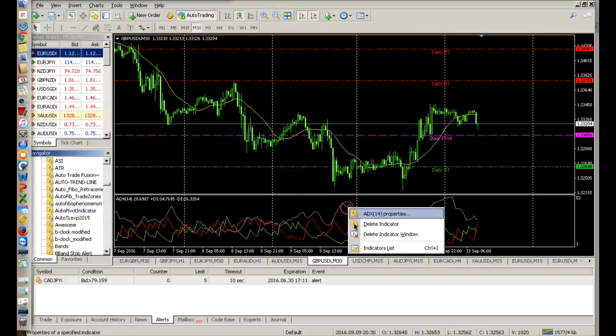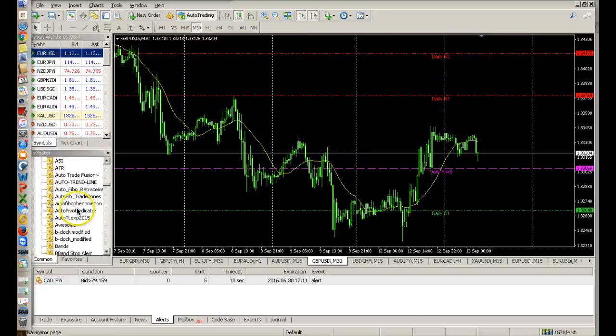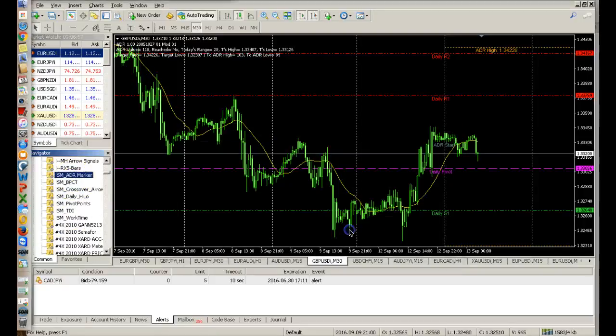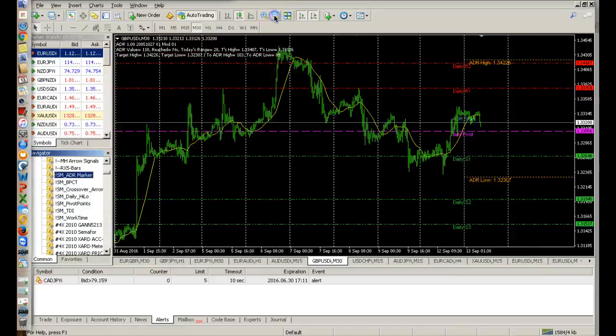It hasn't really made any type of movement. We got the ADR high here, and we got the ADR low here. So this would be good right here to sell, because it came here before and made a major drop.